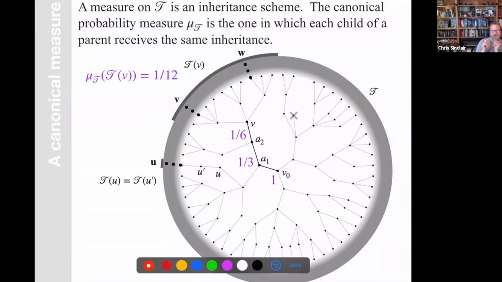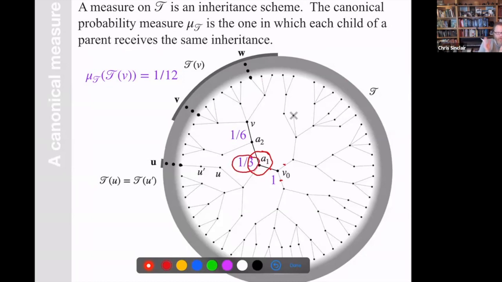So a measure on a random tree like this, or a measure on a tree, is an inheritance scheme. The canonical probability measure is the one where each child of a parent inherits the same amount of mass. So for instance, if we look here at A1, there's 3 total children of its parent, so it gets 1/3 of the mass.